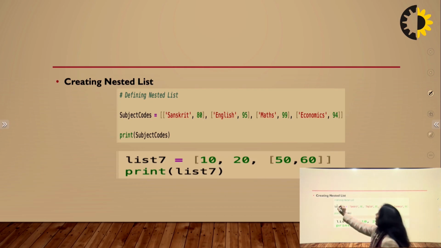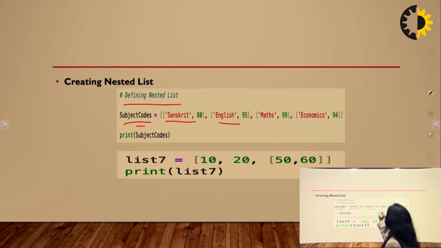Also, we can create the nested list. Nested list as in a list inside the list. But there's not a rule that the nested list will contain only lists. It can contain other data types as well. For example, here this variable subject_codes has the nested list of 1, 2, 3 and 4 values.